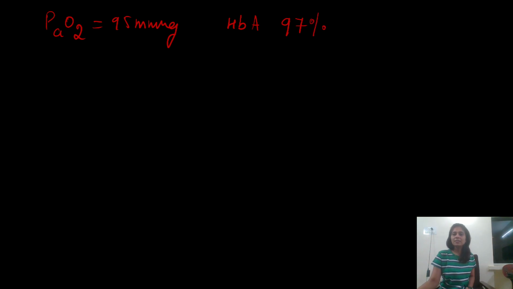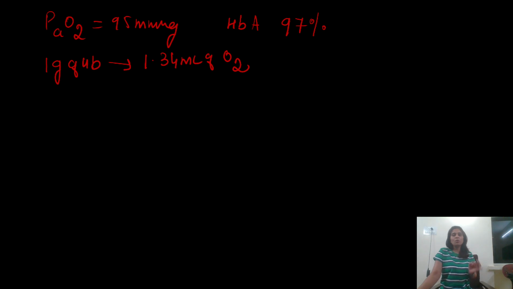When the arteriolar partial pressure of oxygen is 95 millimeter of mercury, normal adult hemoglobin is 97% saturated. And when hemoglobin is 97% saturated, 1 gram of hemoglobin can transport 1.34 ml of oxygen in the bound form.